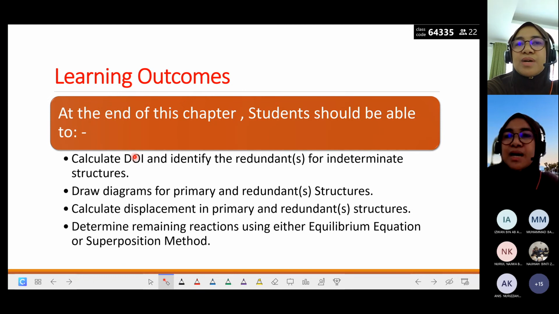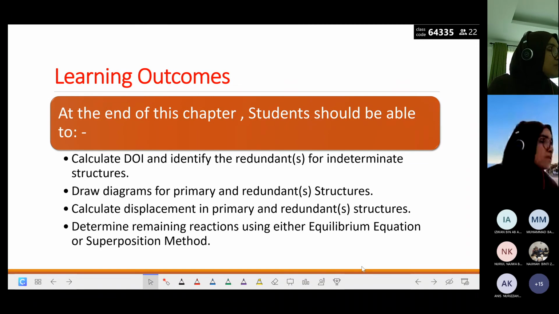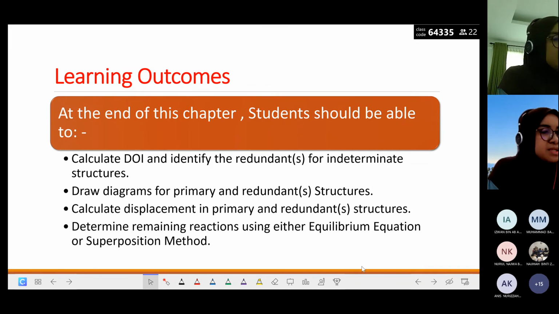Actually, you have learned how to calculate degree of indeterminacy, right? But previously, when you learned determinate structure, the value was equivalent to, you still remember, DOI. When did you learn degree of indeterminacy?